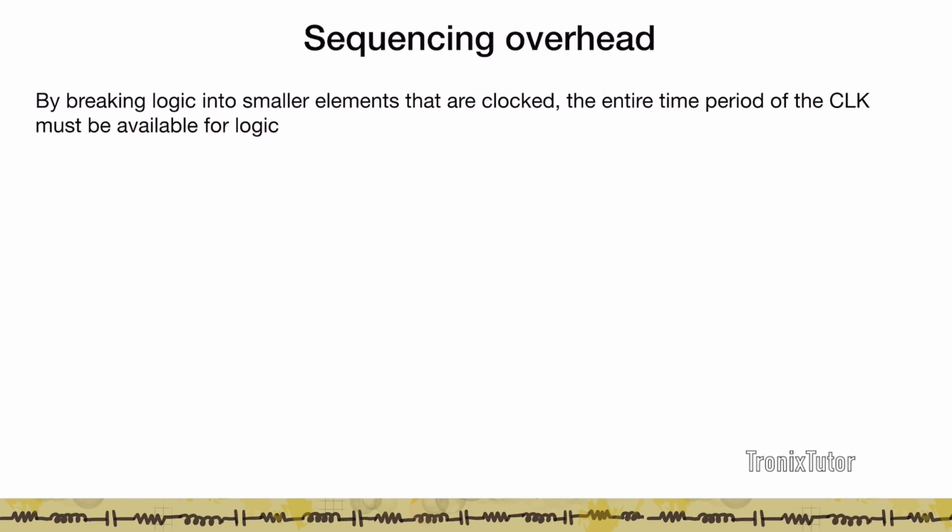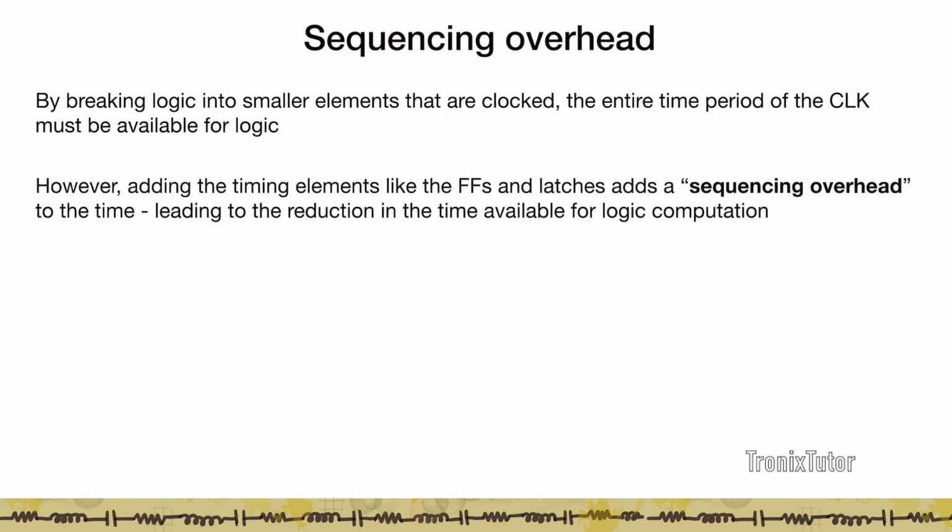So by breaking the logic into smaller elements that are clocked, we should be able to use that entire clock period for doing logic. But what happens is that these flip-flops and latches have certain timings that need to be met, and so we need to budget for these times into the clock period. So in other words, the cost of doing sequencing leads to what is known as a sequencing overhead, or we need to budget time for sequencing.